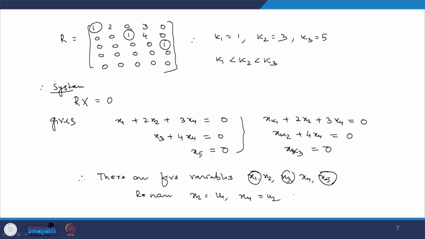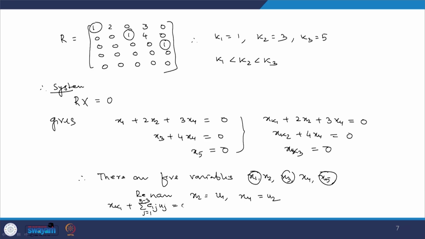Then I can write the system as xk1 plus sigma c1j uj, j equal to 1 to 5 minus 3, equal to 0.